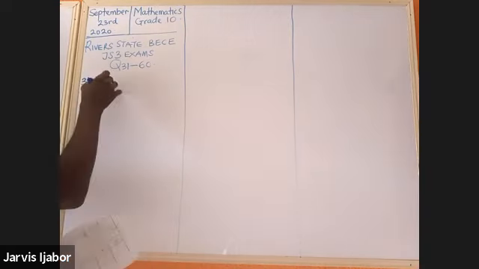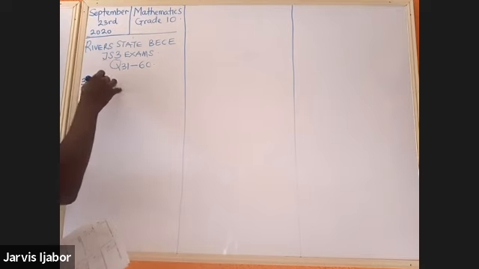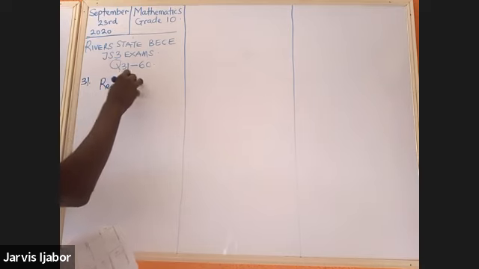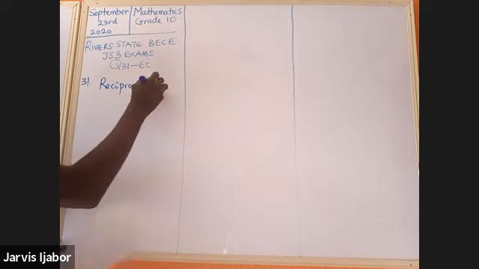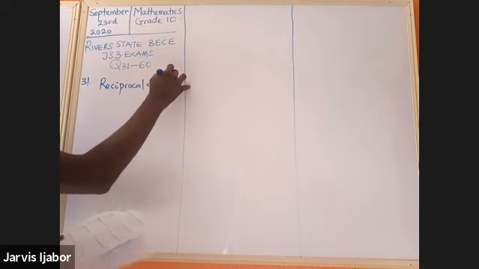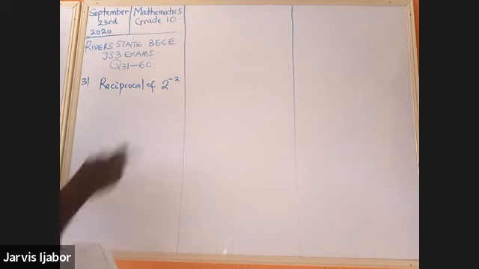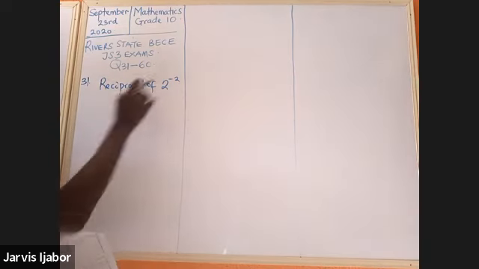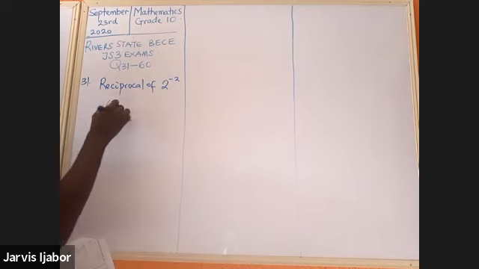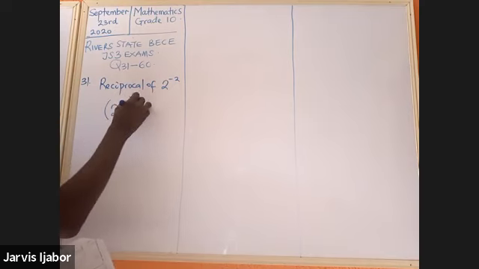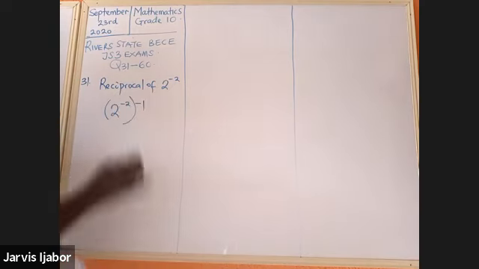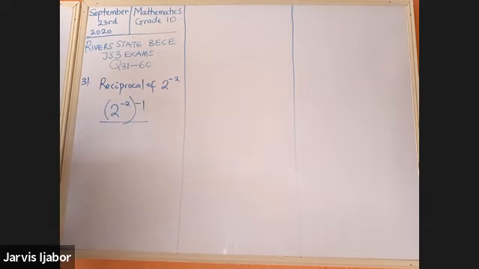I think the examiner actually meant reciprocal of what? 2 raised to the power of minus 2. Now, when we say the reciprocal of this, what we technically mean is this. This is how we write reciprocal in mathematics.